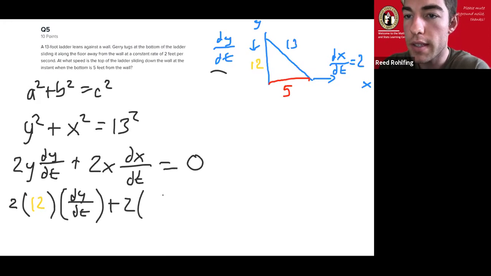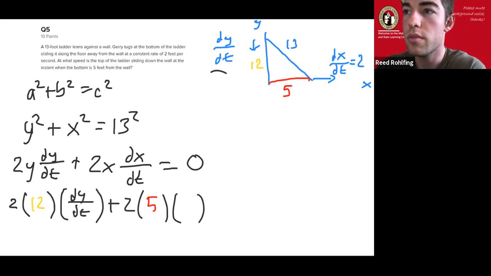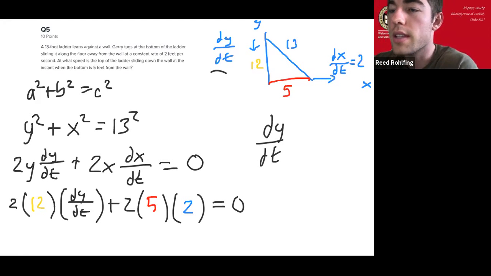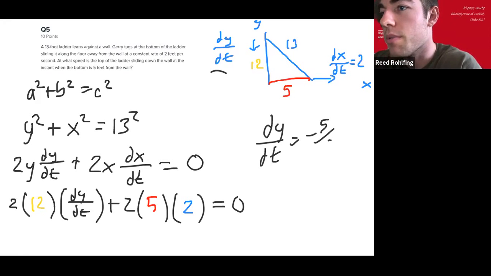We know x is going to be 5. And we know dx over dt is going to be 2. And this is all still equal to 0. So if we solve for dy over dt, we'll get negative 5 over 6 feet per second.